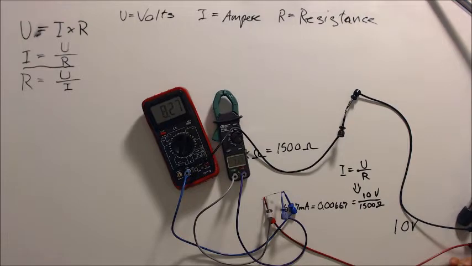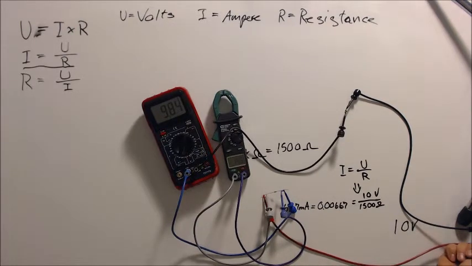Let's go up to 15. And look at the amperage. Oh, I went a little high there. There we go. So 10 milliamps are we up to now. So on a given resistor, if you raise your voltage, you're going to raise your current.